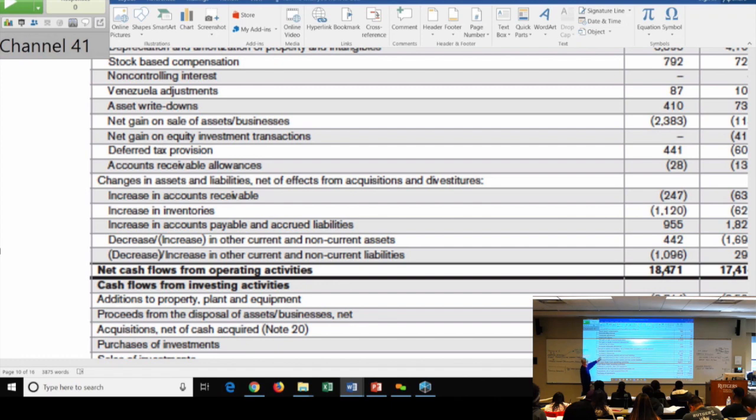Accounts payable goes up. Add back $955 million because those are bills you didn't pay, those are salaries you didn't pay. If you take a look at other non-current assets, other changes, it could be prepaids in there. Whatever it is, these are the operating working capital accounts. That's your cash from operations. Notice that the company's generating $18,471 million in cash from $16 billion of income.